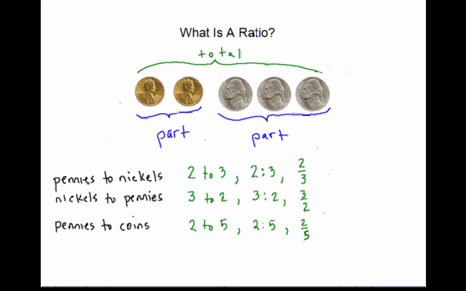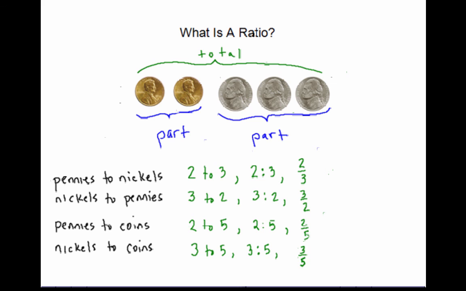We can also compare the quantity of nickels to the total number of coins. So the ratio of nickels to total coins would be 3 to 5. And we can write that again using the word "to," replacing the word "to" with a colon, or by using the fraction bar.